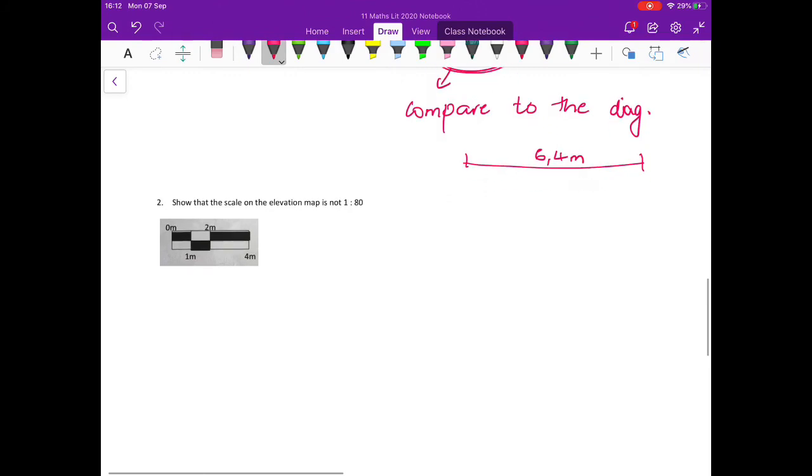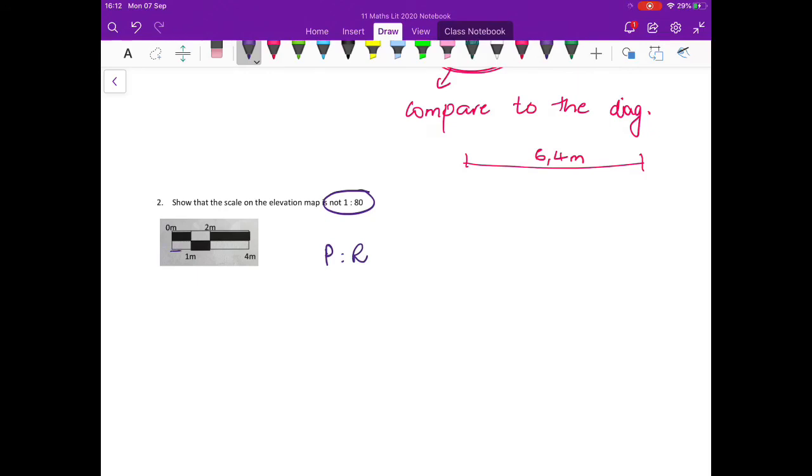Right, another way of asking this is, it says, show that the scale on the elevation map is not 1 to 80. So it's not saying, is it correct or incorrect? We just have to prove that it is not 1 to 80. So we go the same route again, paper to reality.